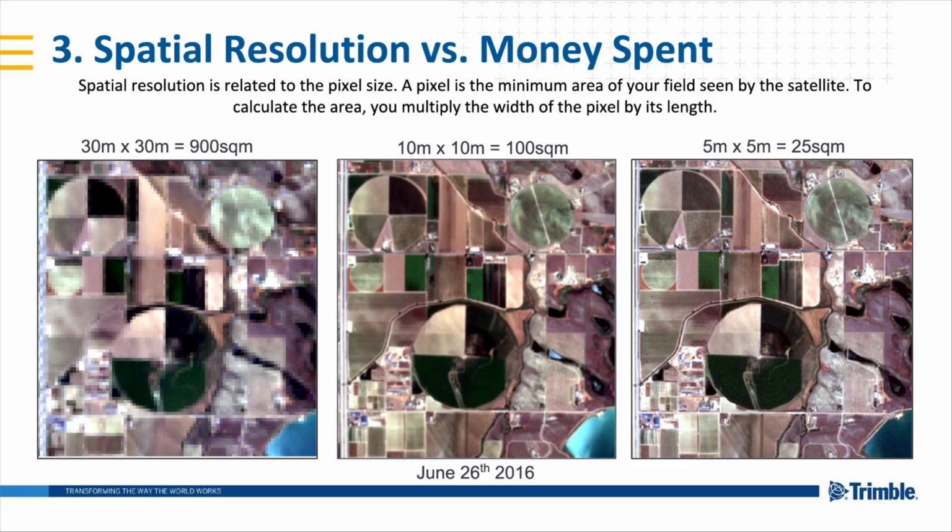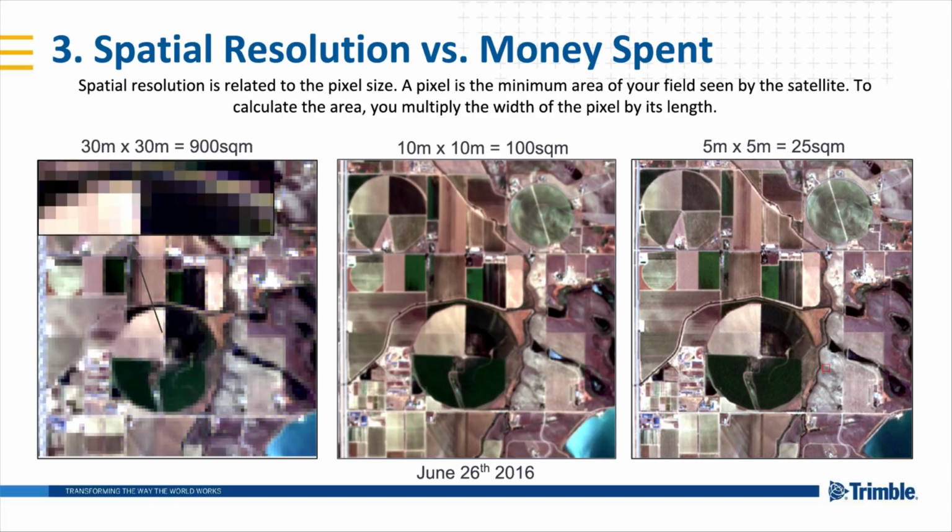On the left, we have an image of 30-meter spatial resolution. That means that the minimum area seen by the satellites is 900 square meters. Each of those little squares in the zoomed area is a pixel that represents an area of 900 square meters in your field. Anything smaller than that is not differentiated by the satellite.